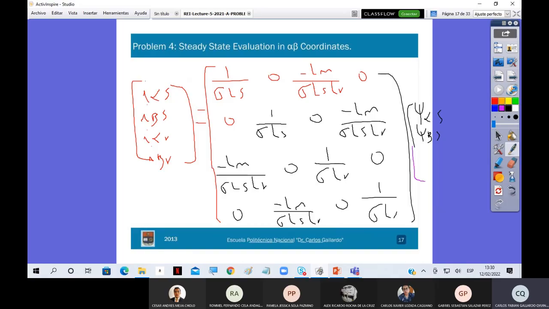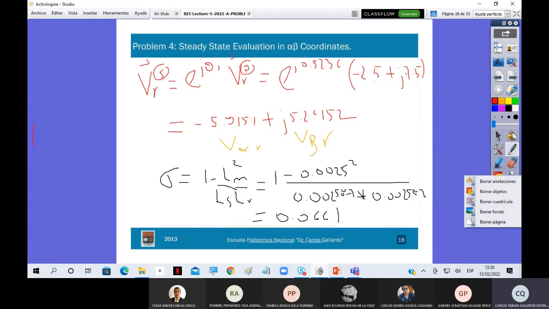What about the rotor? So I will have the rotor flux in alpha coordinates and the beta coordinates. Okay, so we know all values. These data come from the manufacturer, and we have already computed the fluxes, okay?